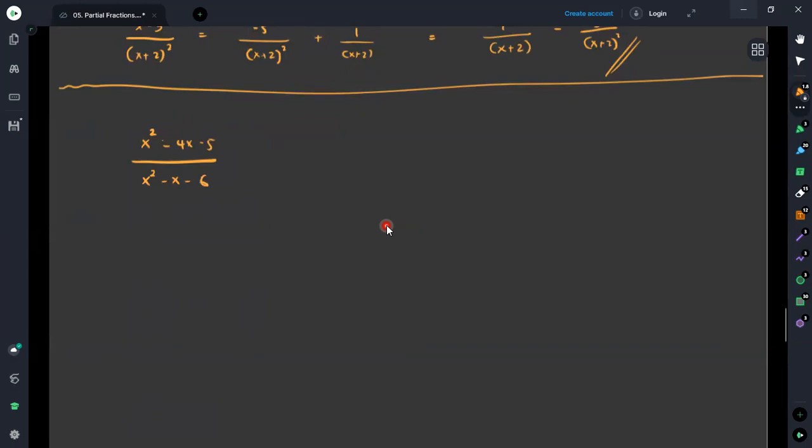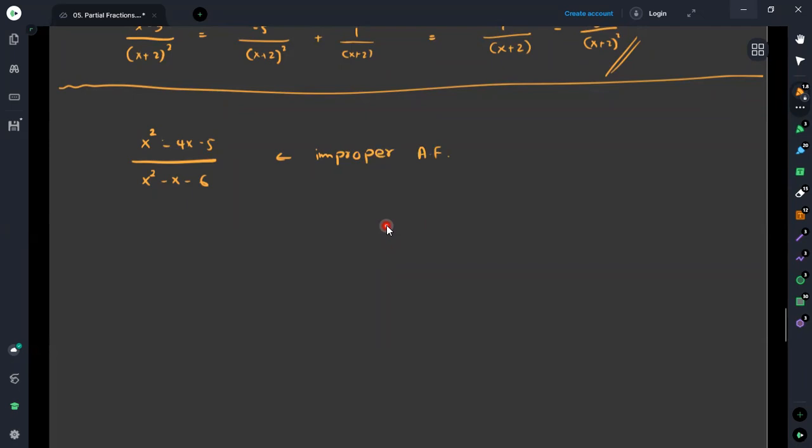Here we are asked to decompose into partial fractions. First, we have found out that this is an improper algebraic fraction.